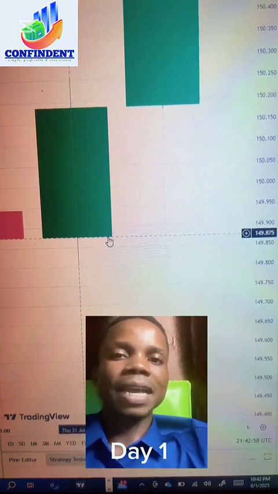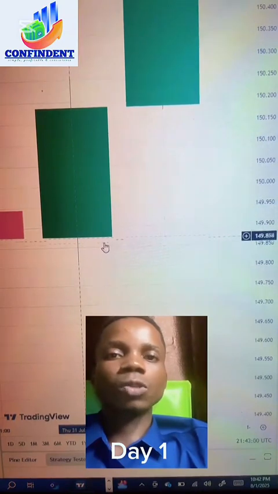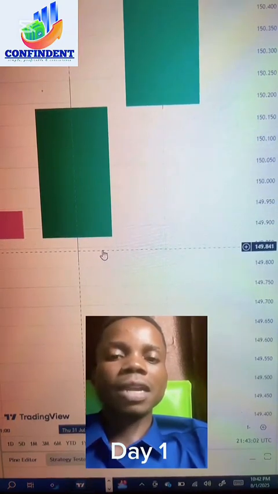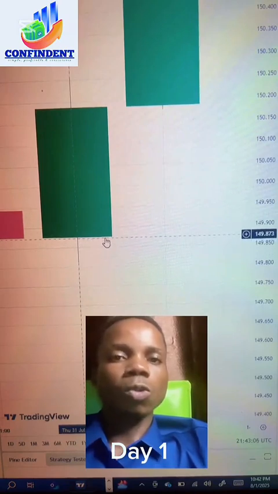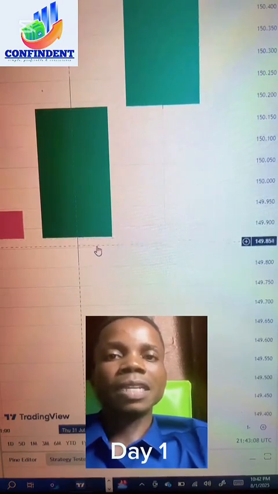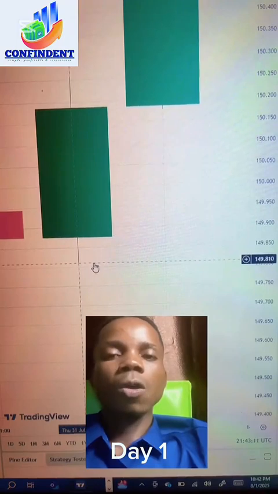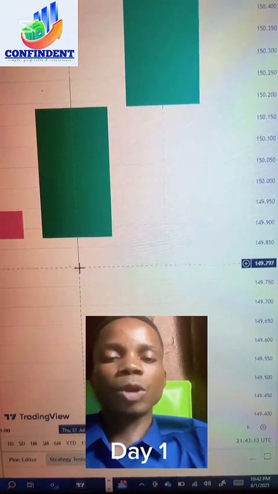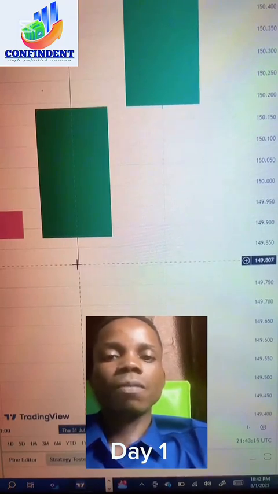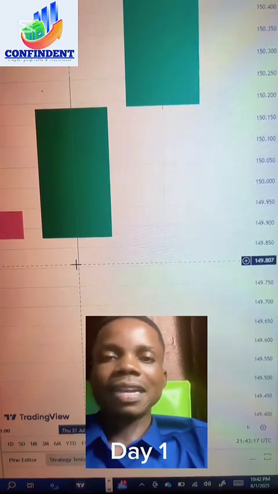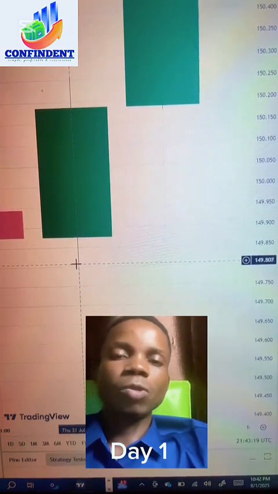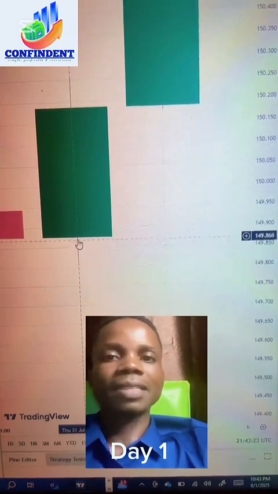More than the buyers, then we have to sell. When there is more supply than demand, then the price has to go lower. So it simply means that this price has gone lower until it reaches a particular point where we have more buyers than sellers in the market. That means where we have more demand than supply, then the price started moving up.